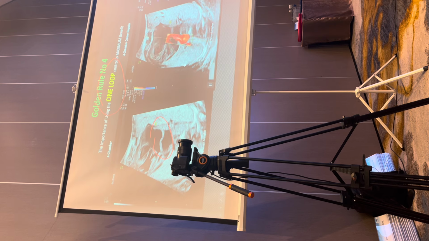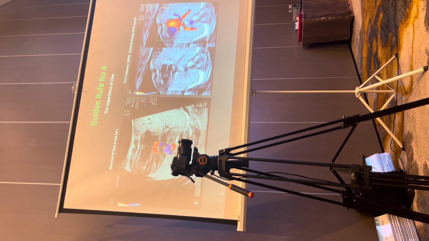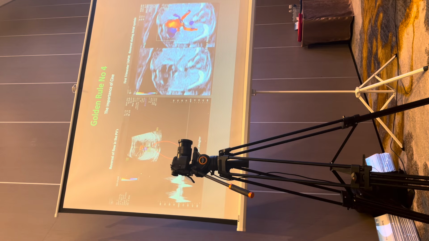When I put on color Doppler examination, I didn't actually recognize there was a problem until I slowed the cine loop down. It's only with the cine loop slowed that I realized that there was forward and reversed flow in the pulmonary vein, telling me that it was a hypoplastic left heart with a restrictive foramen ovale.